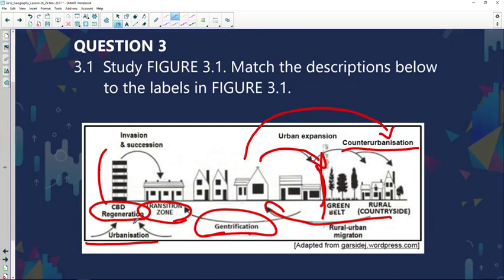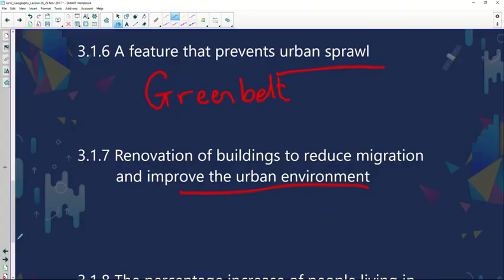Basically what happened in Johannesburg, a lot of people moved away from the CBD. The CBD is actually decentralized, for instance, to Sandton. So what do people do? They invest more money, many companies do, and as you can see, renovation of the buildings to reduce migration and to improve the urban environment. That is known as regeneration.